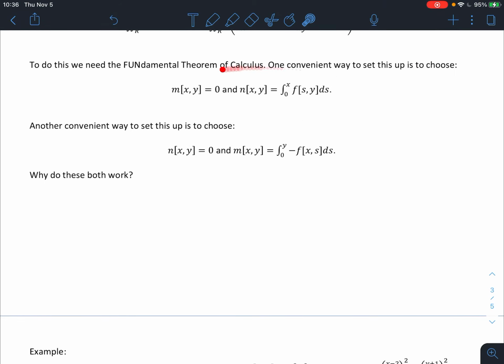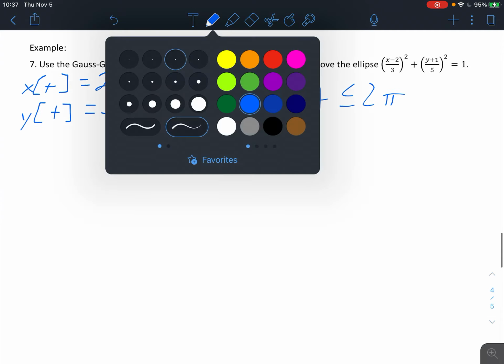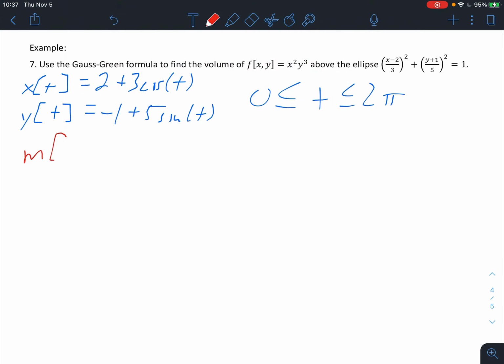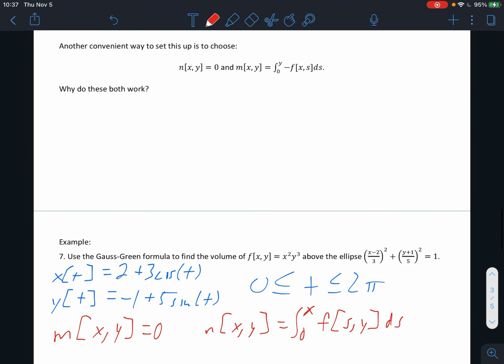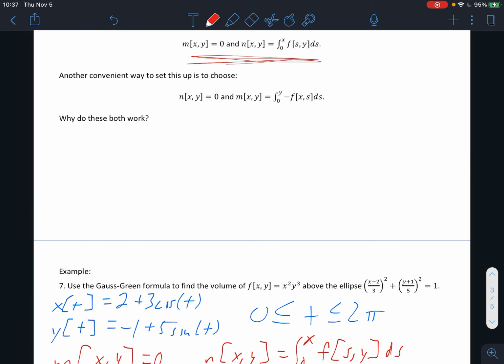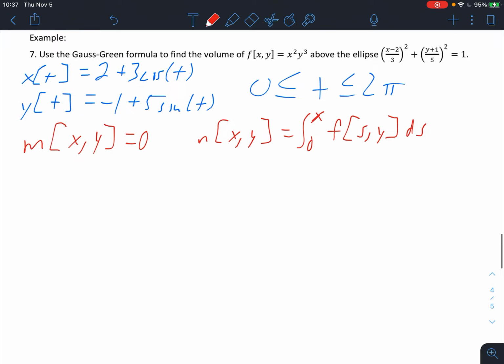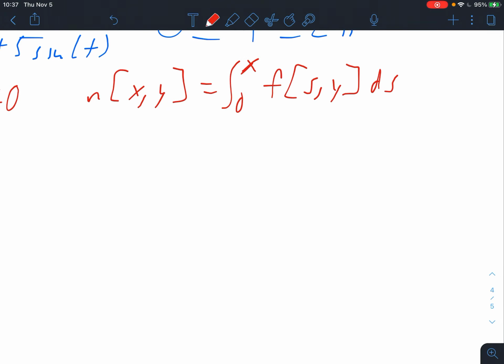Now we're going to use this formula. Again, I'm going to use this one. You can use either one. So I'm going to set m of xy equal to 0. And I'm going to set n of xy equal to the integral from 0 to x of f of sy ds. Basically, I'm just copying down that formula right here. Now let's simplify this.